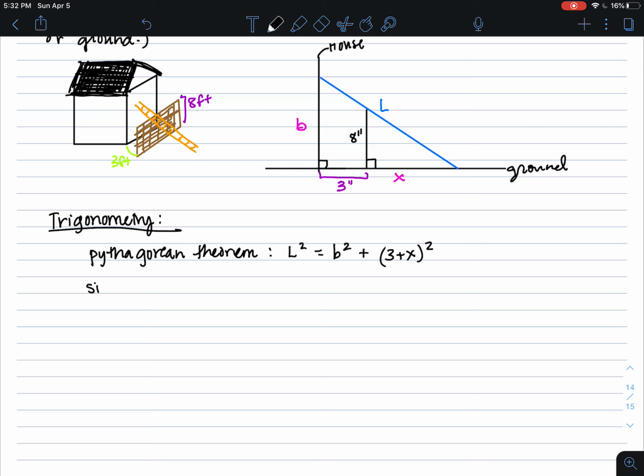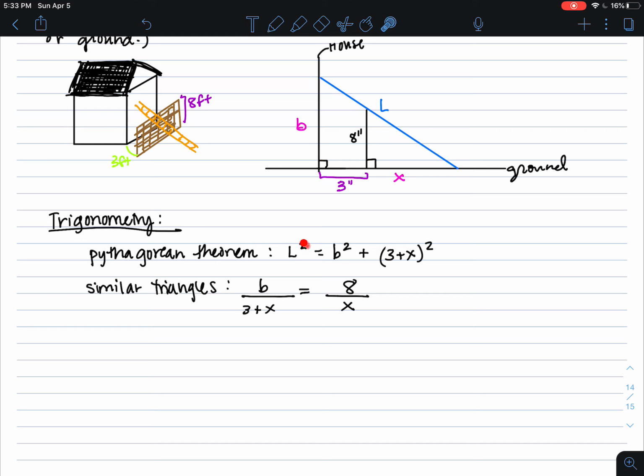So to write that out better, B is to 8 as 3 plus x is to x. So our big height is to our little height as our big base is to our little base. All right?